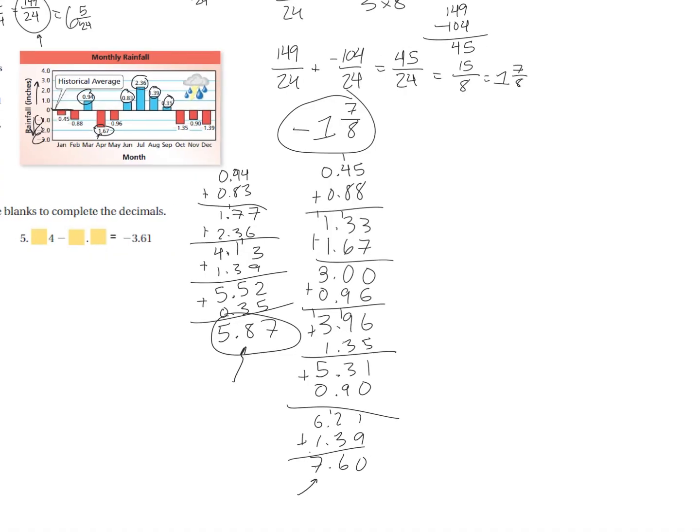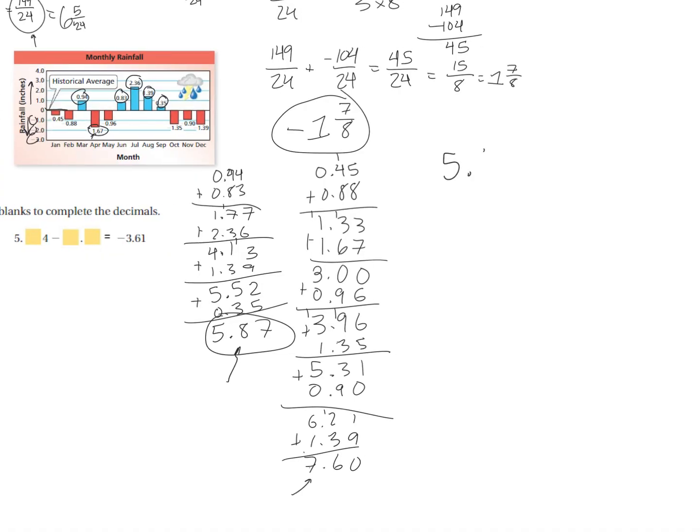Okay, last step for this is we're going to take those two values and add them together, but remember all of these red values are negative, so really we're adding a negative to it. A positive plus a negative means I subtract. 7.60 minus 5.87.